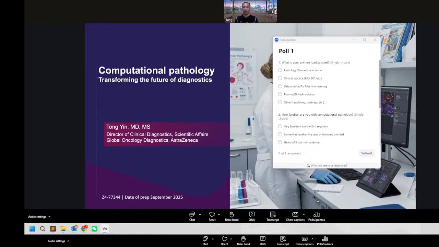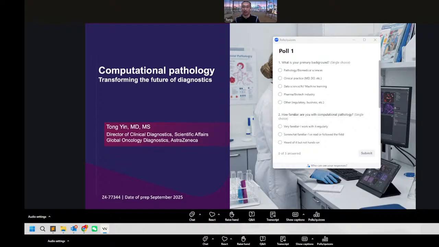The second question is how familiar you are with computational pathology. Are you a hands-on person, or you just heard about it, or never heard about it? That gives a sense of your expertise. The third one is how best to describe your current role: research in academia, in a hospital setting, in pharma, or working in a tech company on AI-driven work or others, right?